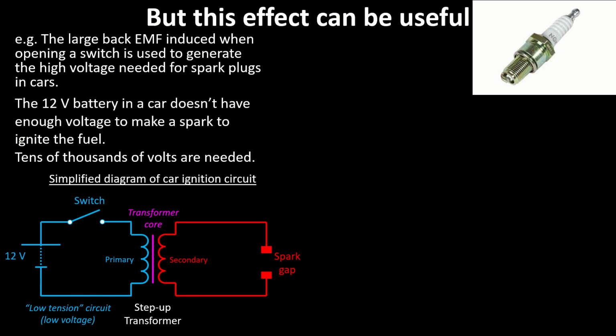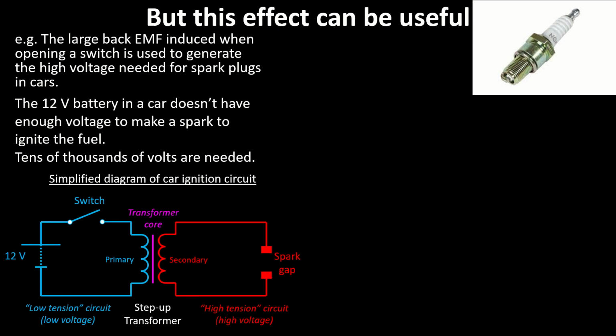It's got essentially a 12-volt battery, a switch, which is kind of complicated how they do that but it's basically just a switch, connected to the primary coil of a transformer, and it's a step-up transformer as well. The other side of the circuit in red here is what's called the high tension circuit. It's the high voltage circuit, which is essentially just the secondary coil of the transformer connected to the spark gap, which is at the bottom of the spark plug inside the cylinder of the engine.